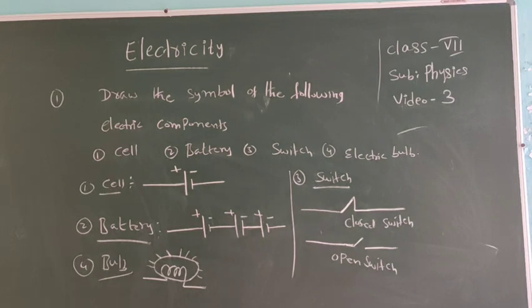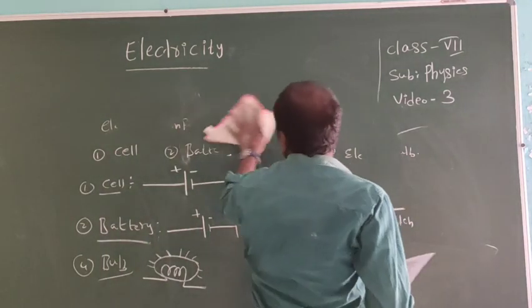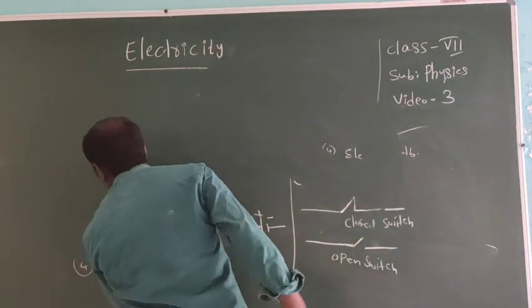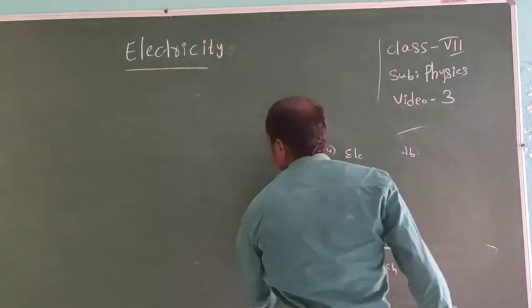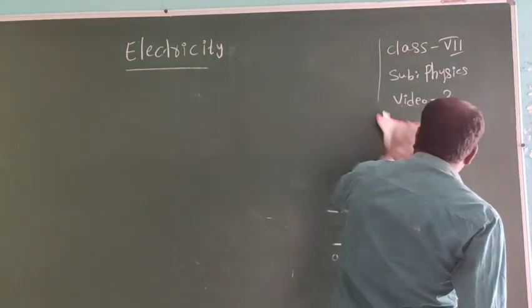Next, second one: draw an electric circuit consisting of cell, bulb, and electric switch. Next one is the electric circuit diagram. Here we have two types: open electric circuit and closed electric circuit.